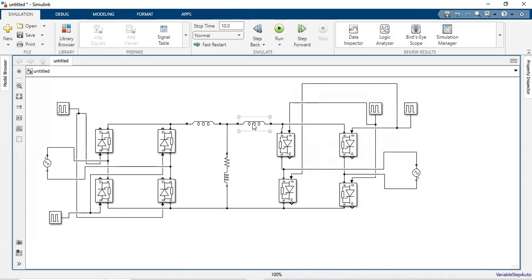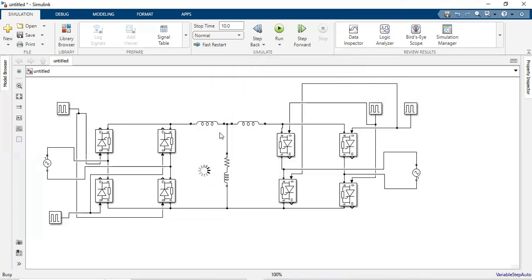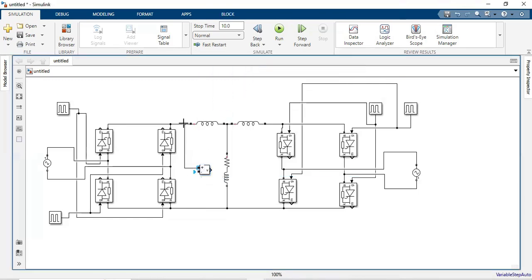Now we need to measure the output voltage of the first converter, the second converter, and the voltage across the reactor. So let us have a voltage measurement block to measure the output voltage of the first converter.